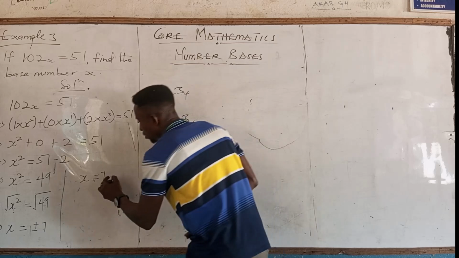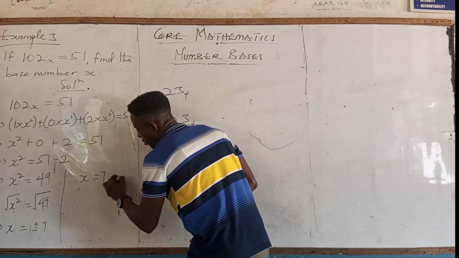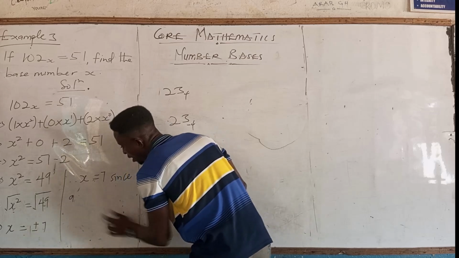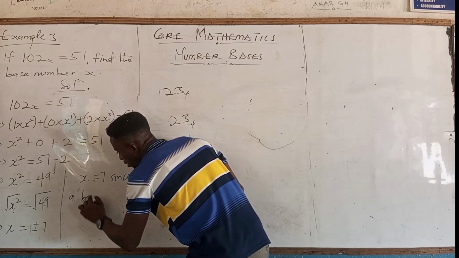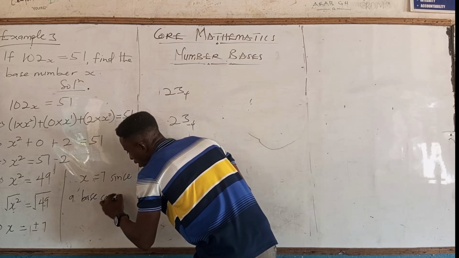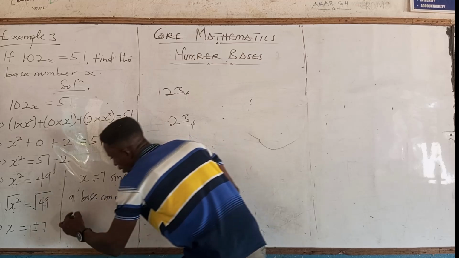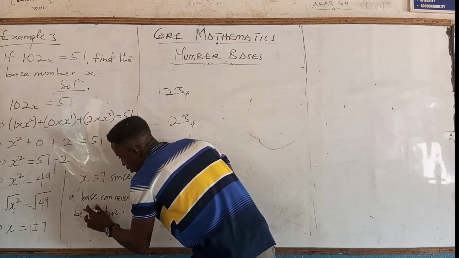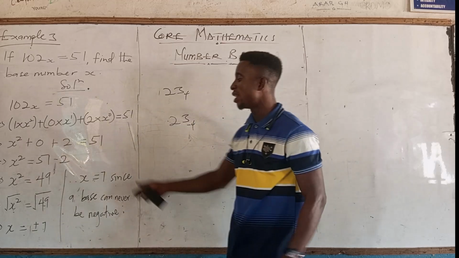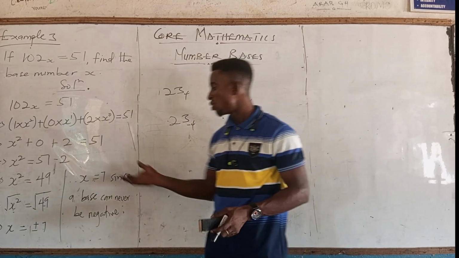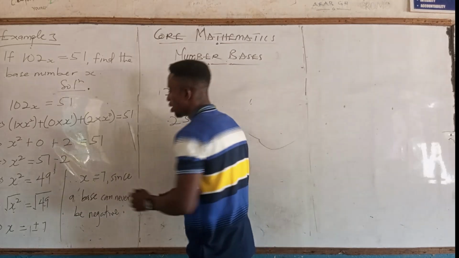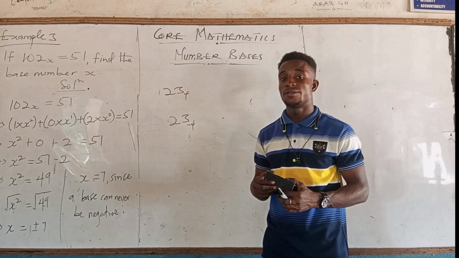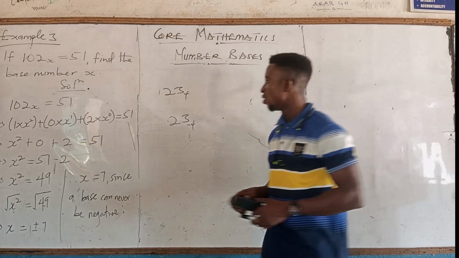So you can write because or since base can never be negative. So you can write that since a base can never be negative. Are we getting that? Or you can choose to leave it that way because x is equal to 7 and you understand. You are supposed to know why we are not taking the negative of that. Please, are we getting that? Okay.